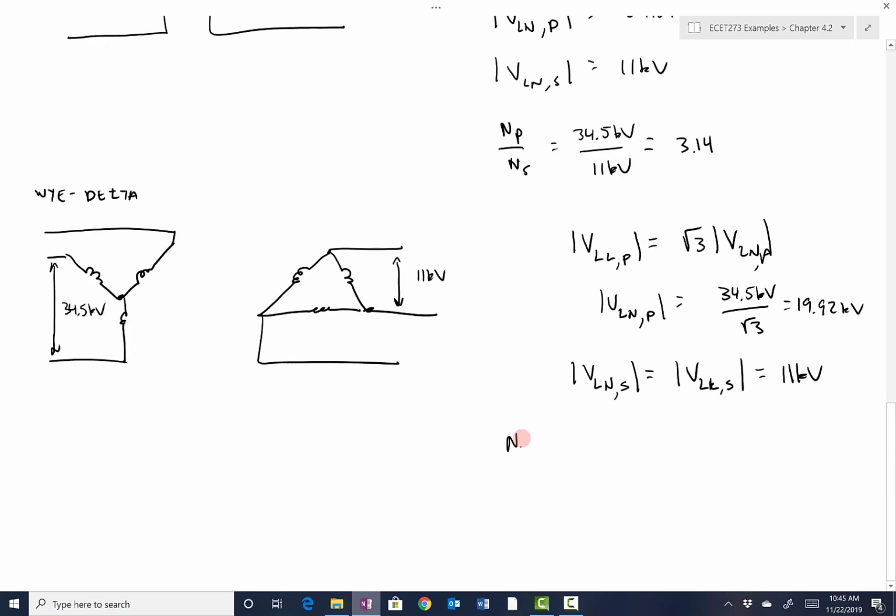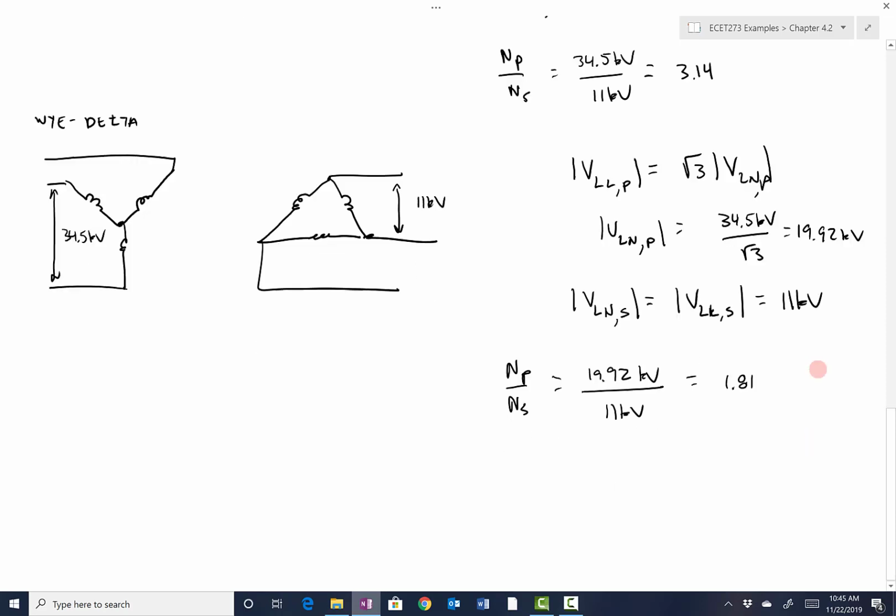The turns ratio then is going to be 19.92, the phase quantity on the primary, divided by the phase quantity on the secondary. So that's 19.92 divided by 11 kV. So we need a much smaller turns ratio for the Y-delta system of 1.81 as compared to 3.14 there.